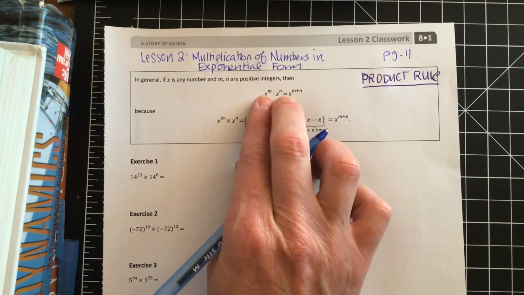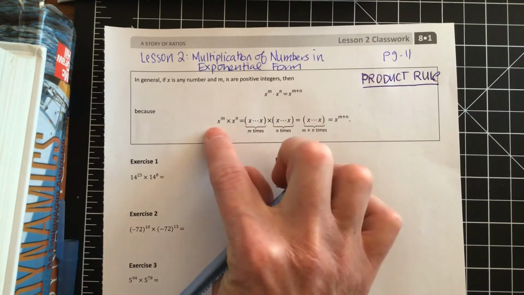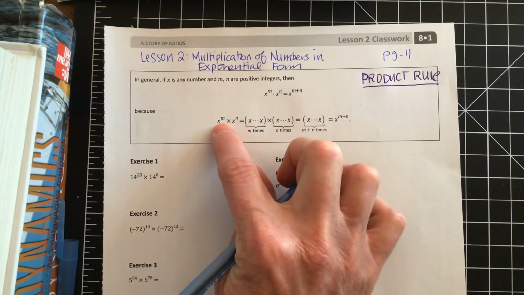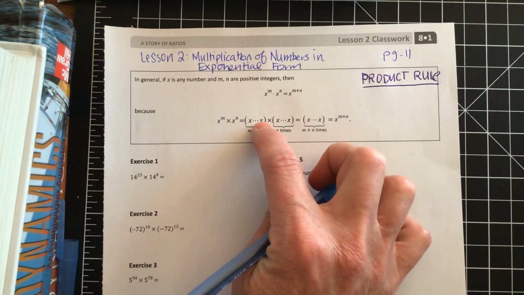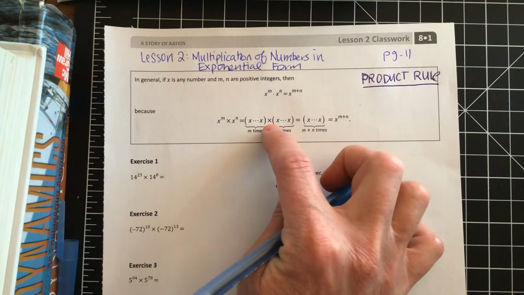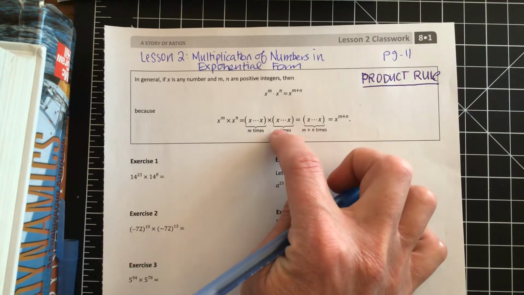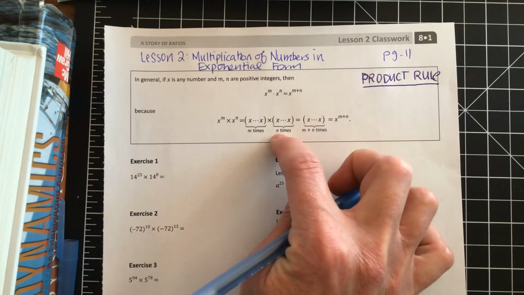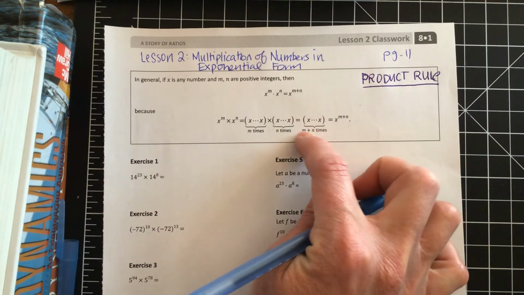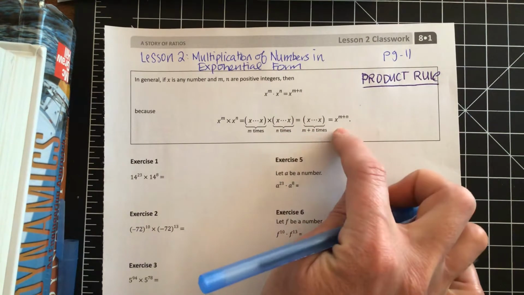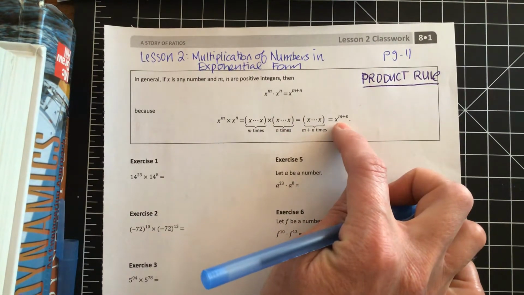That's why this works. It's basically saying that if you have x multiplied times itself m times, and then you're multiplying that times x multiplied by itself n times, then you could just add m and n to make the expression simplified.